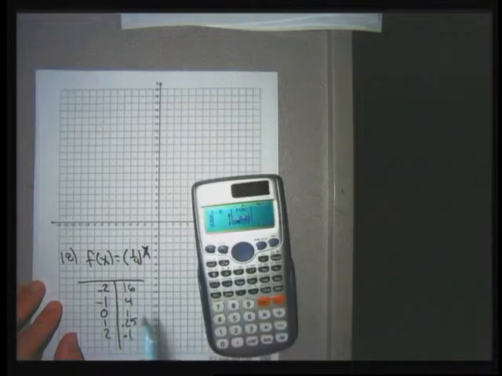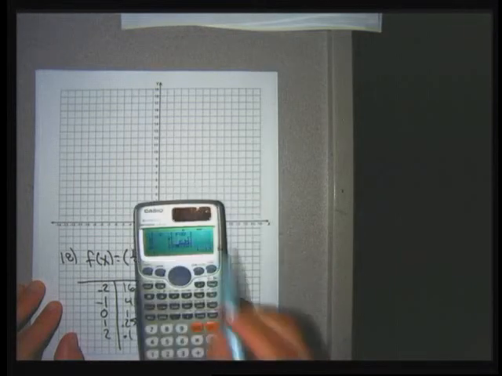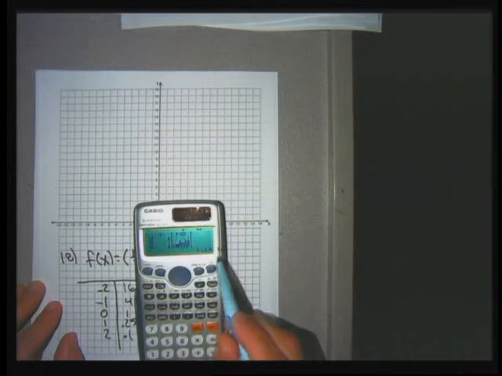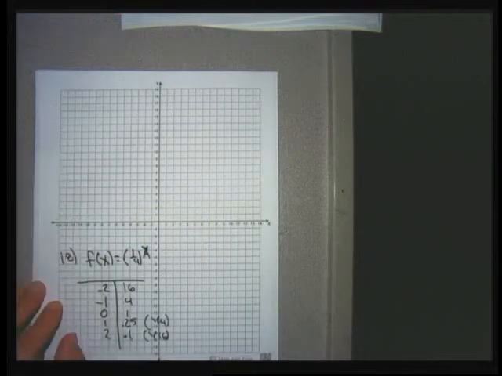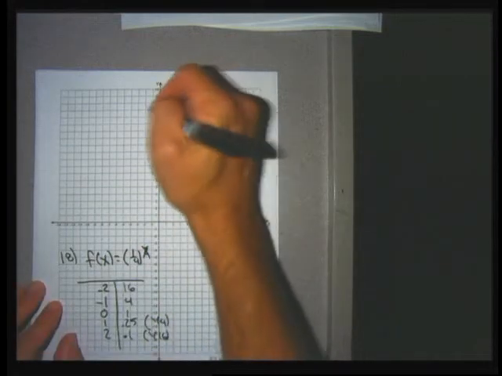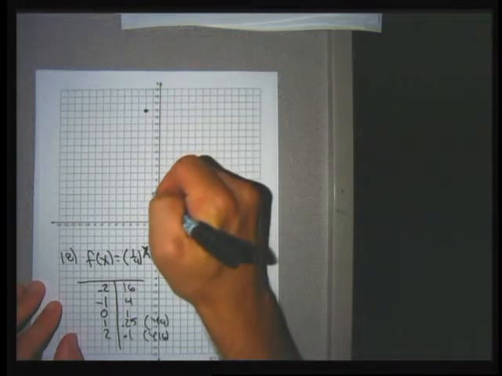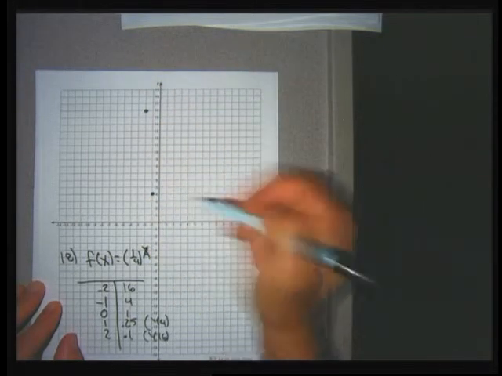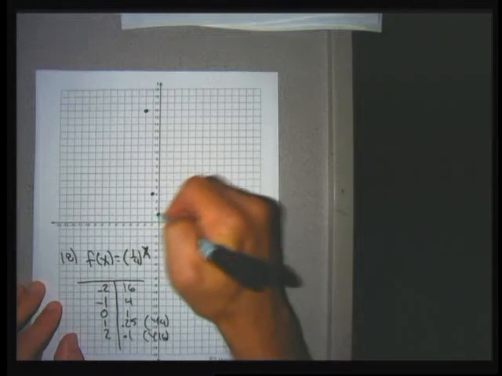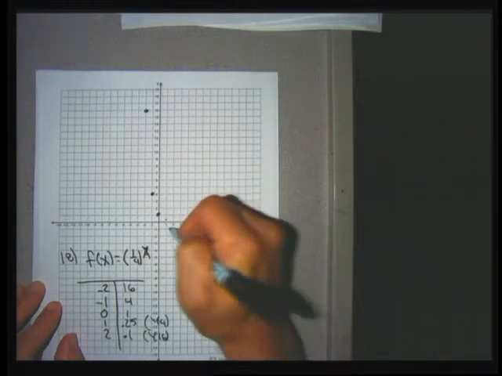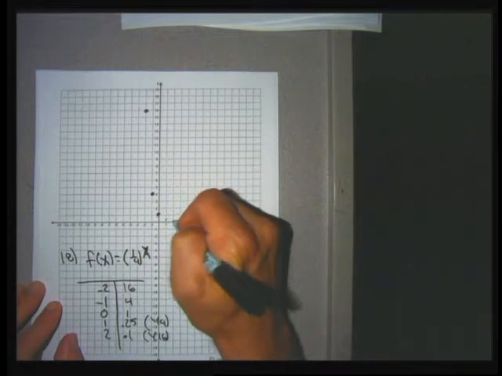Again, I could have written a quarter next to the 1 and a 16th next to the 2. So first point -2, 16, easy enough. -1, 4, 0, 1, 1, 1/4, 2, and 0.1 or a 16th.